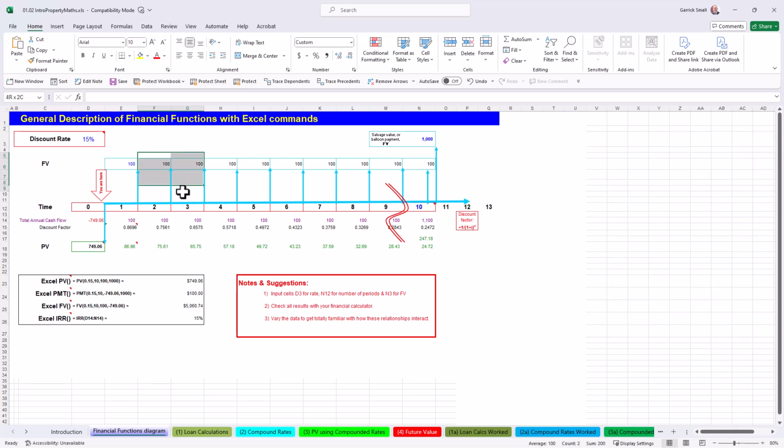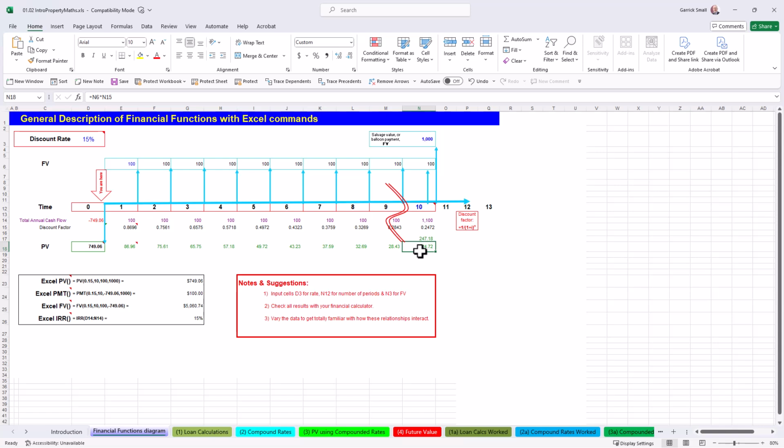Similarly, the rent that we have to wait 2 years to get, at the end of the second year, while it comes in as $100, is only worth $75 today. The rent at the end of year 3 is $100, but it's only worth $65 today, and so on for the rest of the period, up until a point where you get to year 10, and the $100 worth of rent is only worth $24 today.